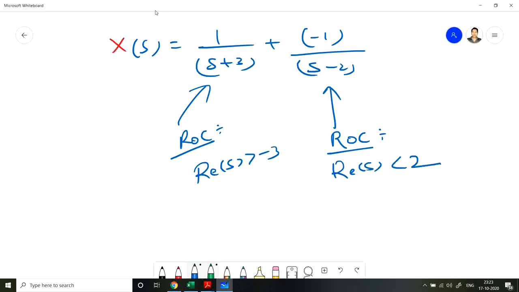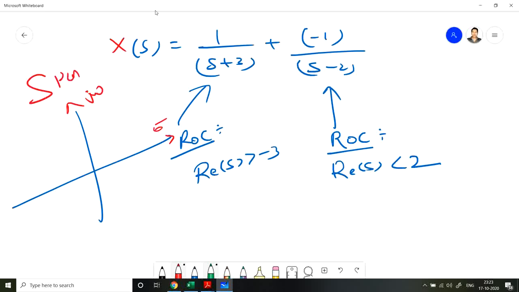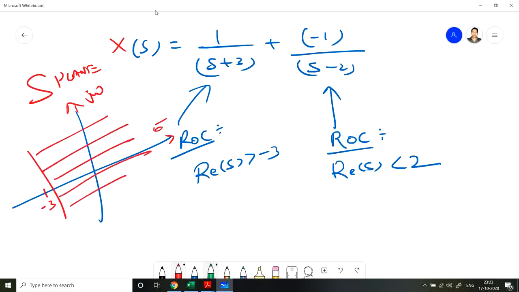That we have seen. Now if we plot the ROC, this is sigma, and this is j omega, this is the s plane. First, minus 3 is here, so the region is greater than minus 3, and then less than 2, so this 2 is here.